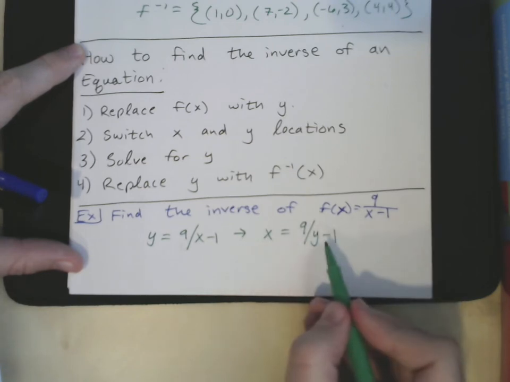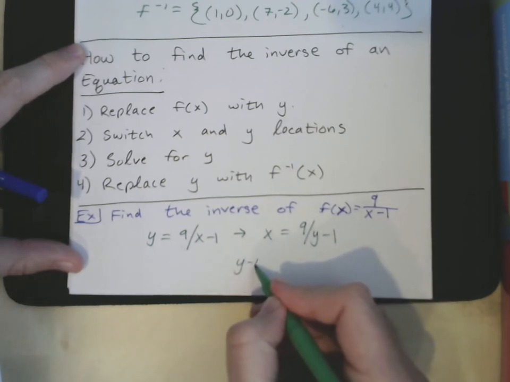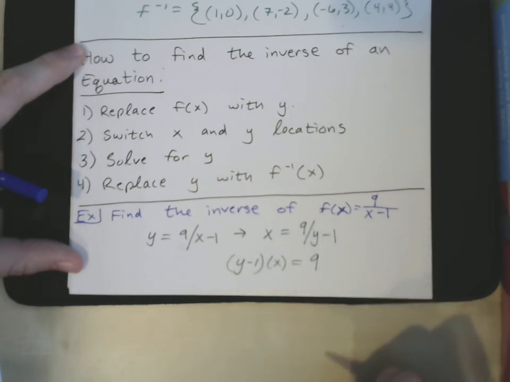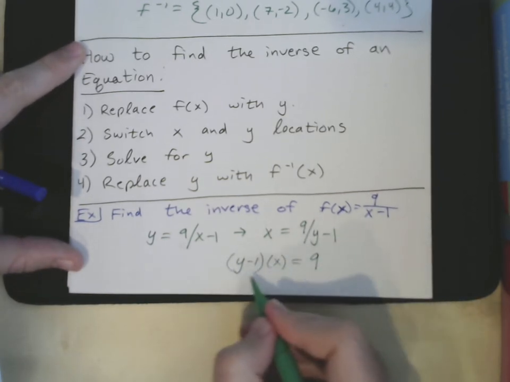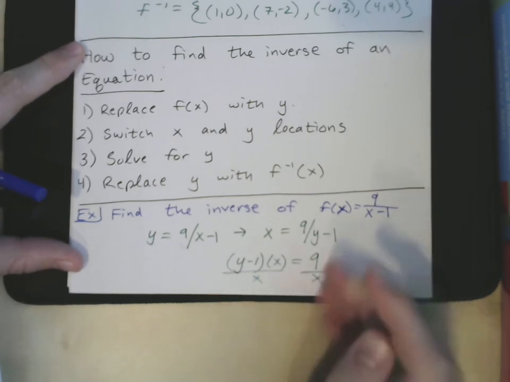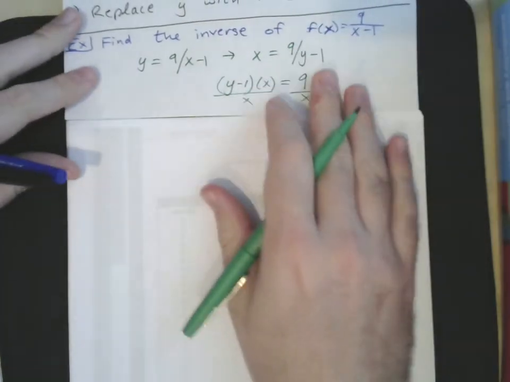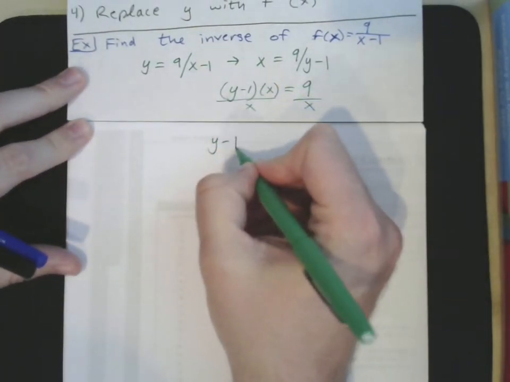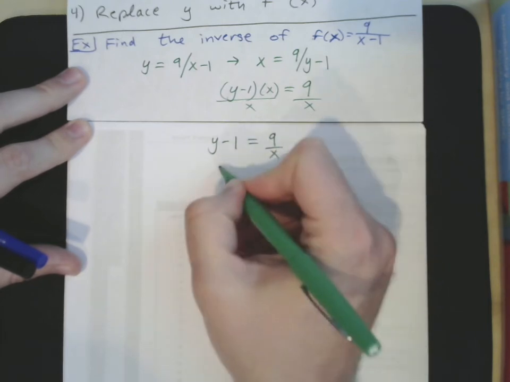So I'm going to multiply both sides by y minus 1 times x equals 9. I'm going to divide both sides by x. We get y minus 1 equals 9 over x.